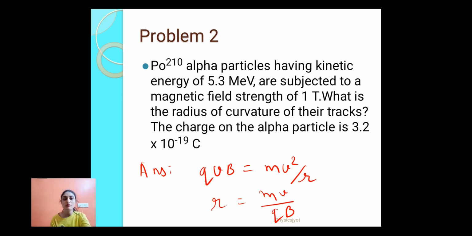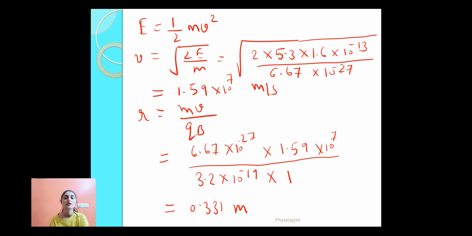So QvB equals mv square upon r, cancelling one v on both sides, we will get r equals mv by QB. Again here the energy is given in mega electron volt, so you will have to convert it into joules by multiplying it with 1.6 into 10 raised to minus 13 joules. So E is half mv square, so v will be under root of 2E upon m. I have multiplied by 1.6 into 10 raised to minus 13 so as to change it to joules.